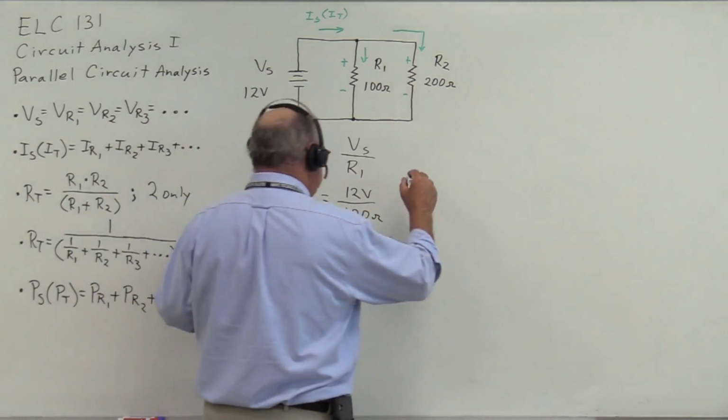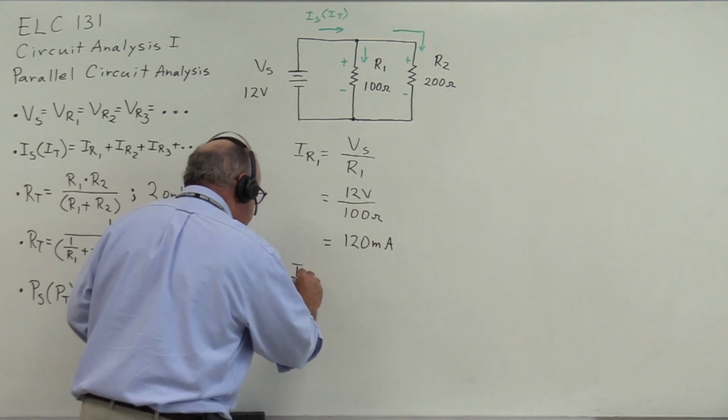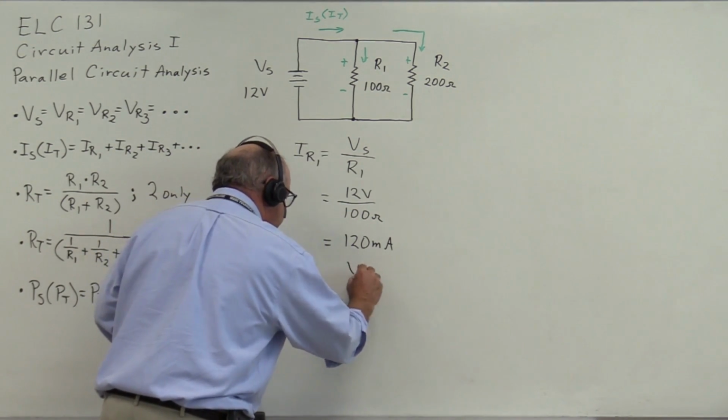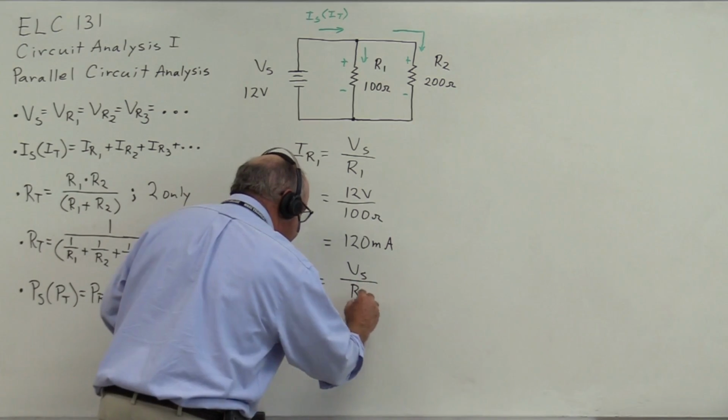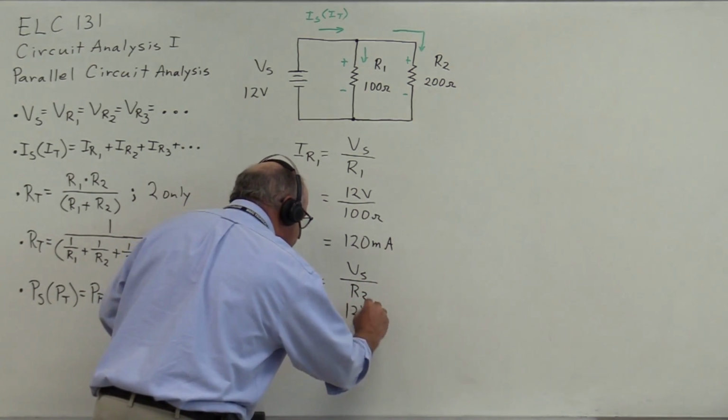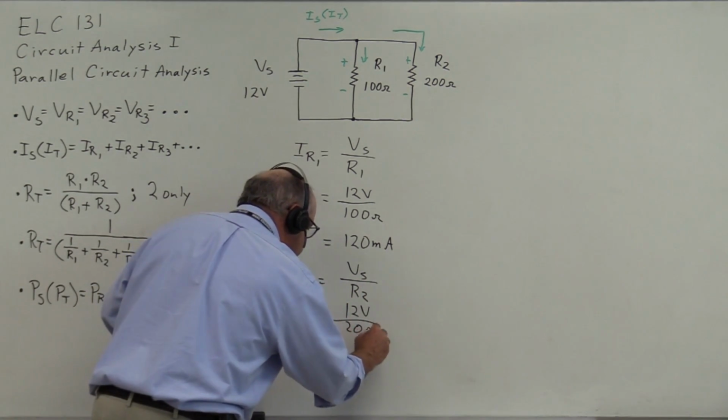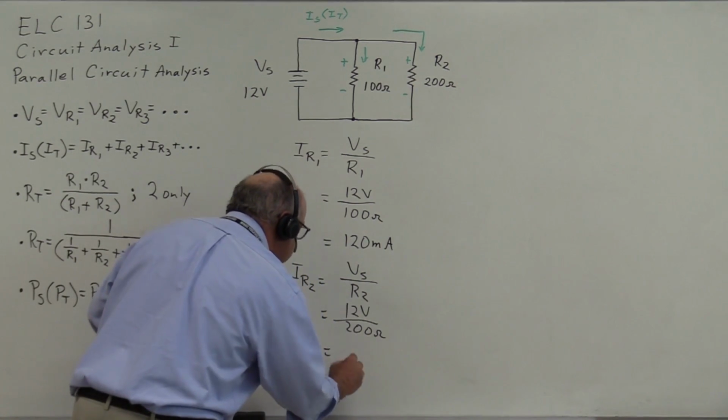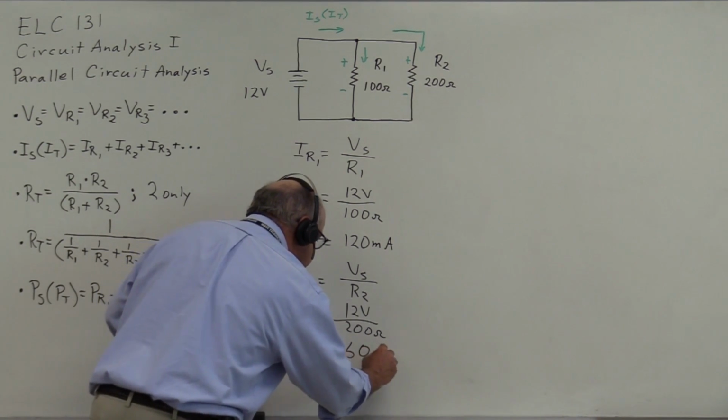And IR2 equals Vs over R2. 12 volts over 200 ohms equals 60 milliamps.